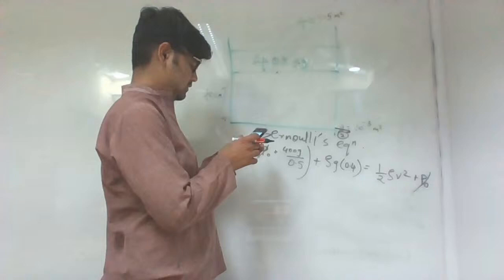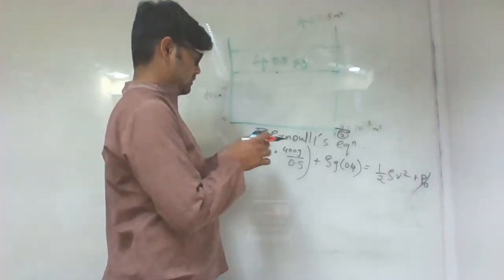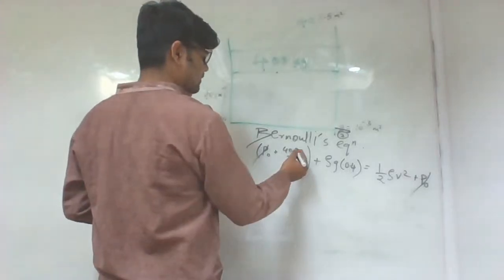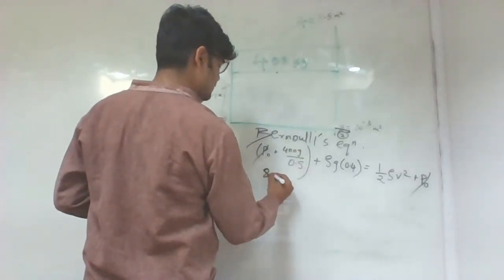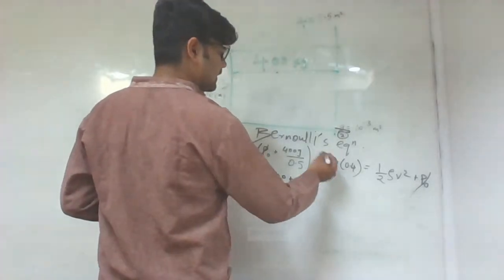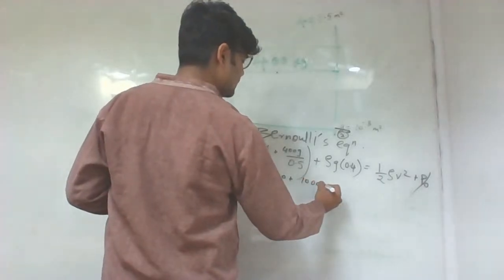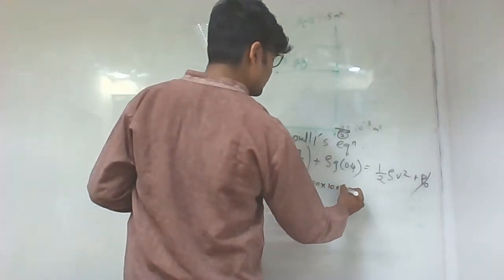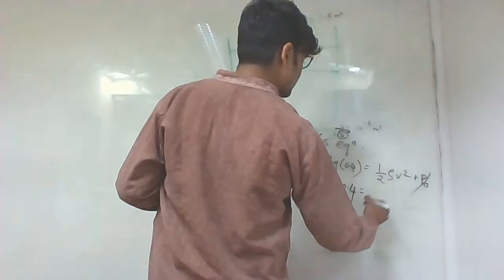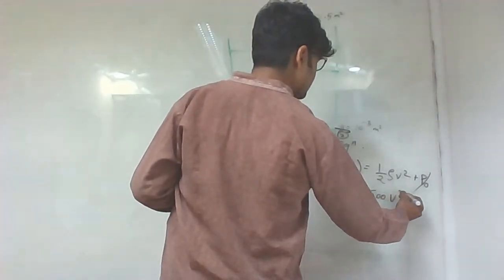Then there is water, so 4,000, this is 8,000, 10,000, half of 500 v square.